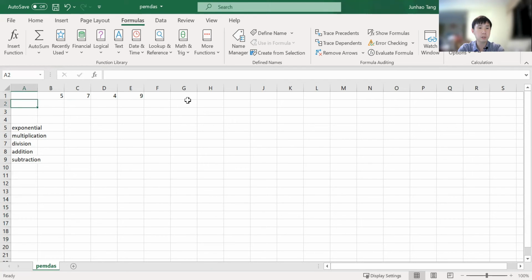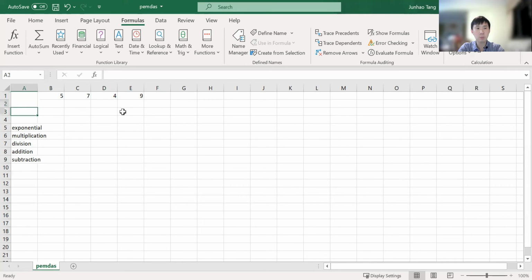The objective for these four numbers is to take 5 multiplied by 7 plus 4 and the total divided by 9. I repeat: take 5 times 7, which is 35, plus 4 equals 39, divided by 9.